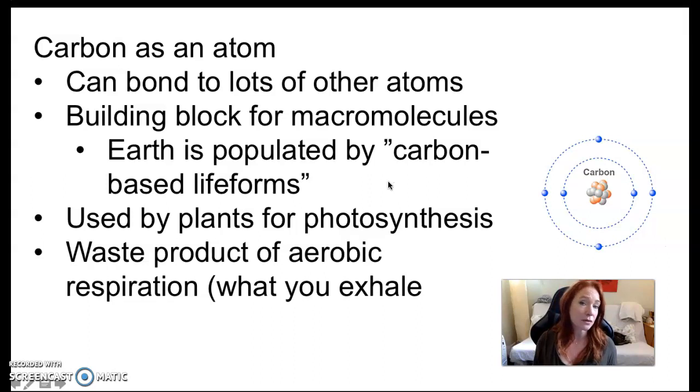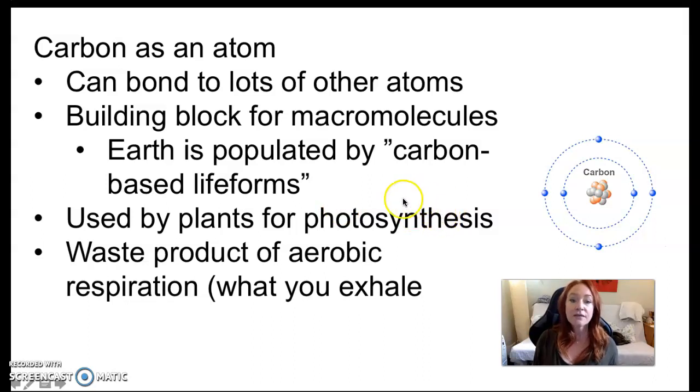Remember the macromolecules? Proteins, lipids, carbohydrates, nucleic acids. You remember. What those do is those come together to create tissues and cells, and the organisms that live here on Earth are referred to as carbon-based organisms because all of those macromolecules are based on carbon atoms.